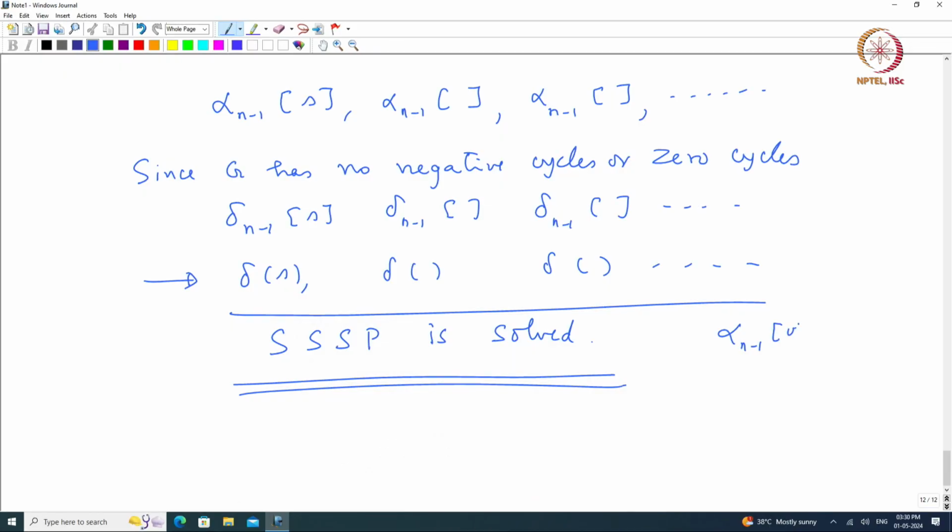Alpha n minus 1 for every vertex is nothing but delta n minus 1 for that vertex. We have seen that alpha n minus 1 v is nothing but delta n minus 1 v. Delta n minus 1 v is nothing but delta v because no path can have more than n minus 1 edges. So, you have solved delta v for all v by taking a slightly different route.